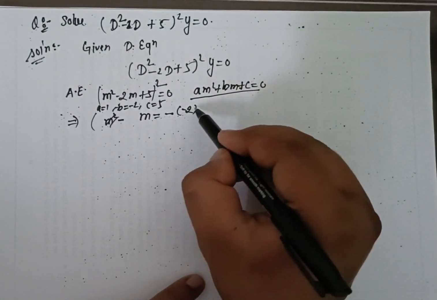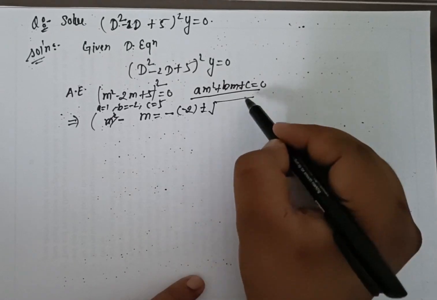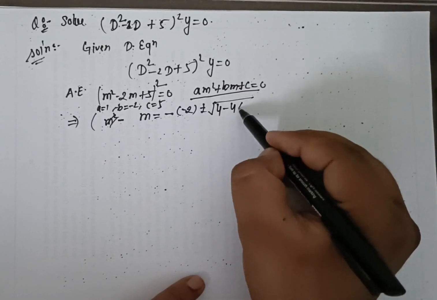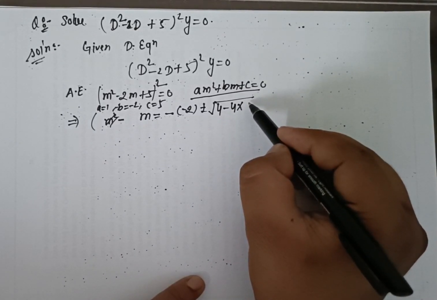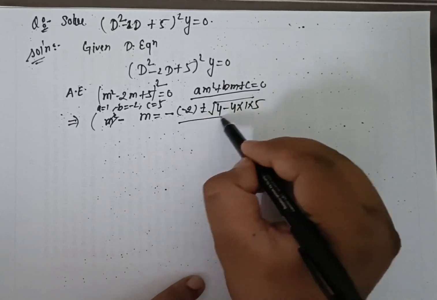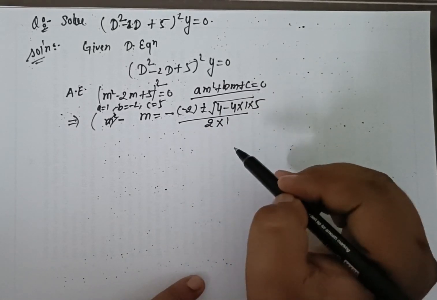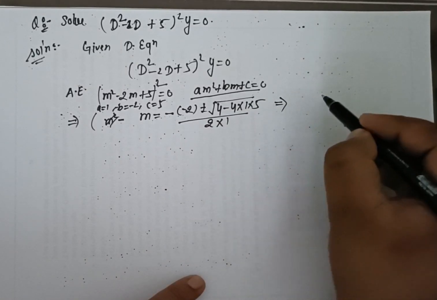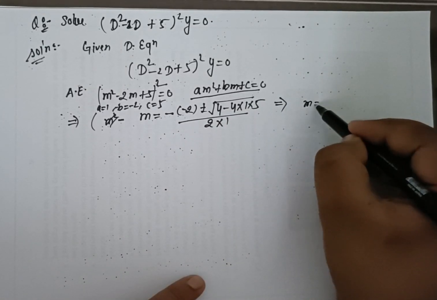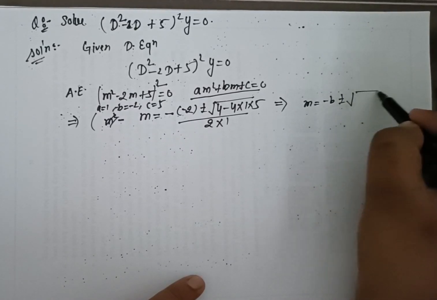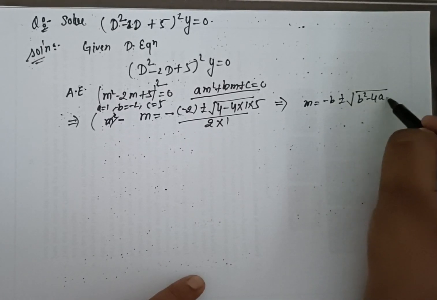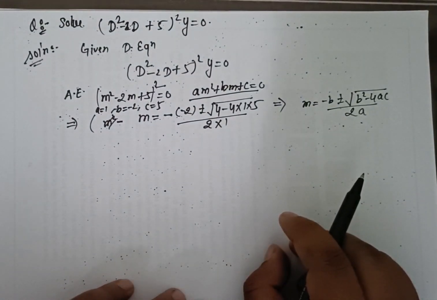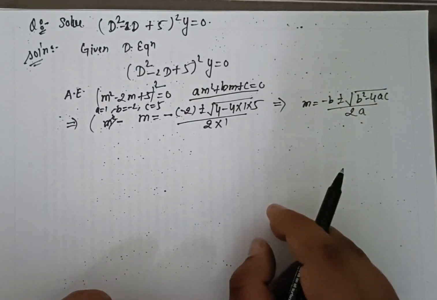So minus b plus minus square root of b square minus 4ac, divided by 2a. We have the Sridharacharya rule, m equals minus b plus minus square root of b square minus 4ac divided by 2a. You can apply it directly in every quadratic equation to find the two roots.